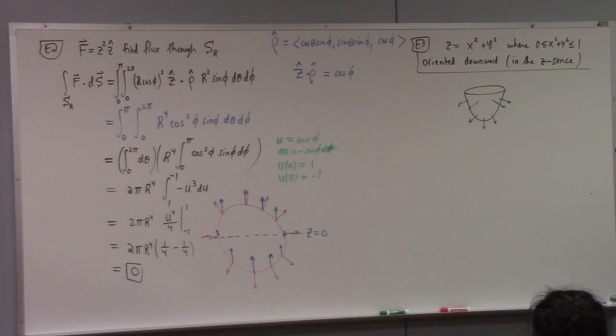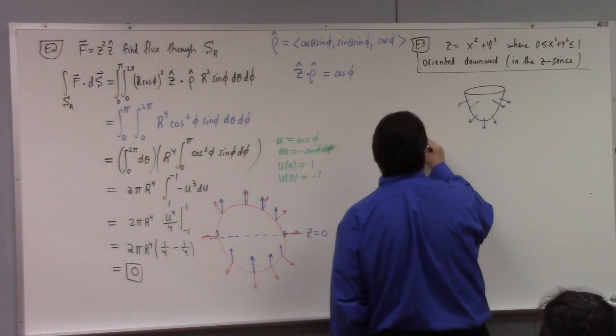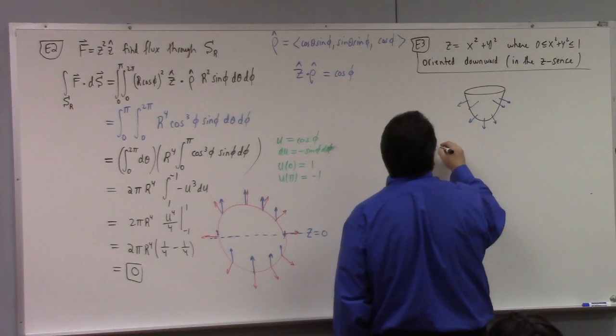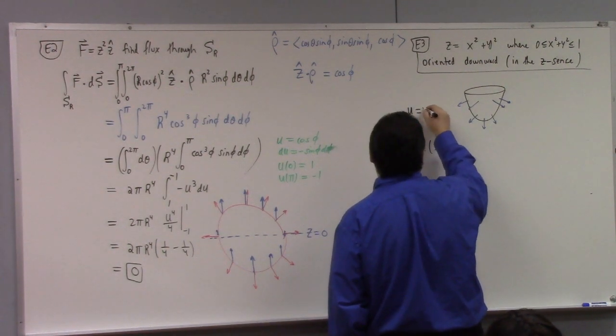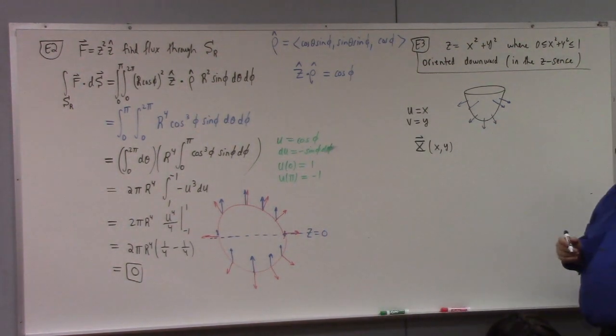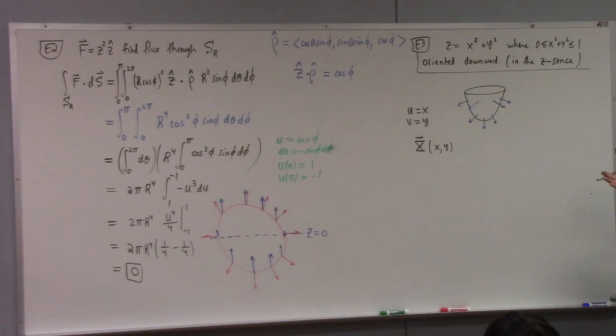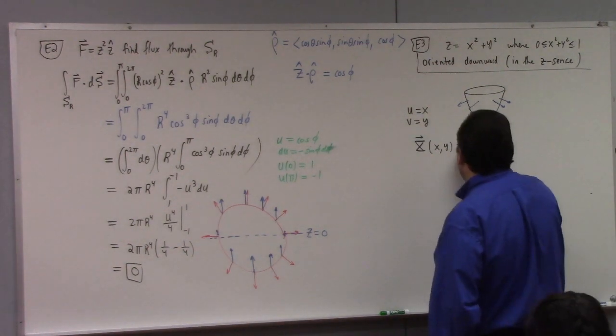We could use x and y, right? It's kind of boring, but there it is. So here's a parameterization of this thing. Think of u equals x, v equals y. I'm just going to try it that way, and if it works out like I want, great. If it doesn't, I know how to change the orientation. I just flip which one comes first, x or y, and that'll change the orientation. So let's see what happens here.